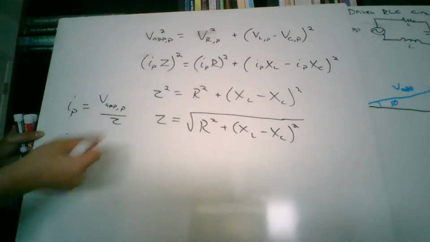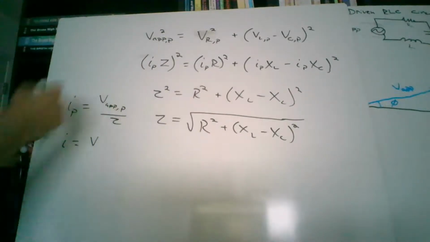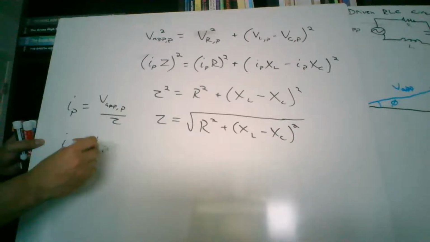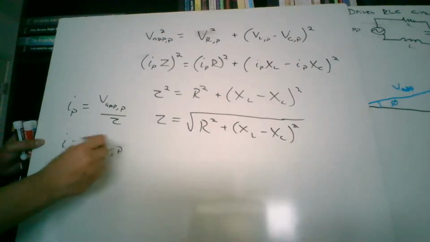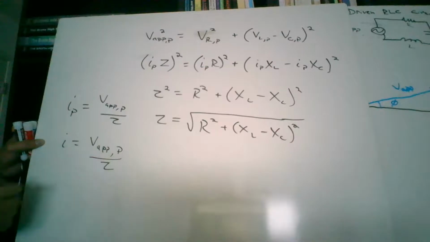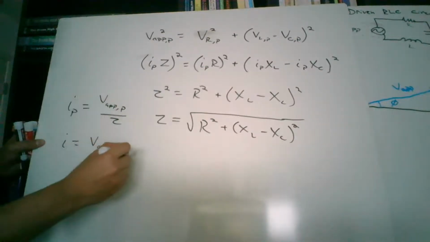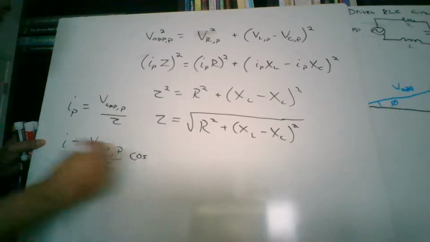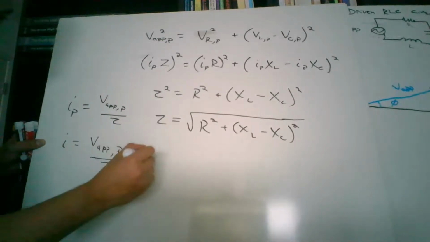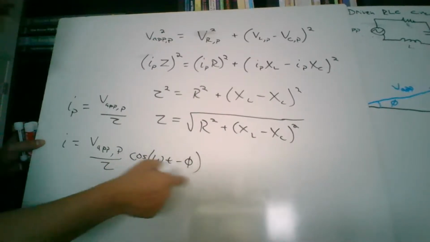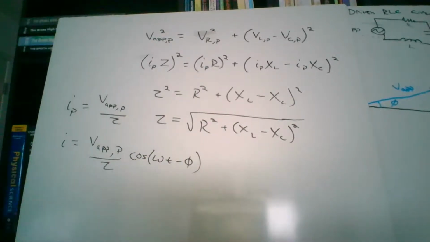So if I want the current, not the peak current, I is going to equal the component of that. It's going to be the projection of this phasor right here. So we'll still write the same thing, applied voltage peak divided by Z, but we're going to have to take the component of this, not the entire thing. And the component is going to be written as cosine omega t minus phi, because the current is in the same direction as the resistance.